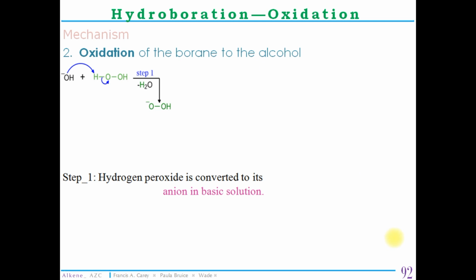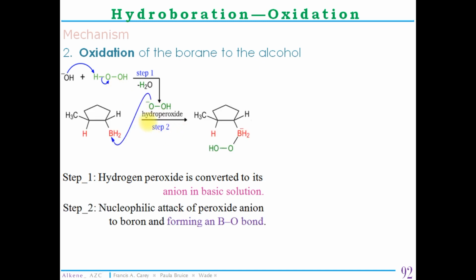Second stage, that is the oxidation stage. In the first step, hydrogen peroxide is converted to its anion form in basic solution, where hydrogen is abstracted by hydroxide ion, which gives peroxide anion. Second step, nucleophilic attack of peroxide anion on boron, which forms a boron-oxygen bond.